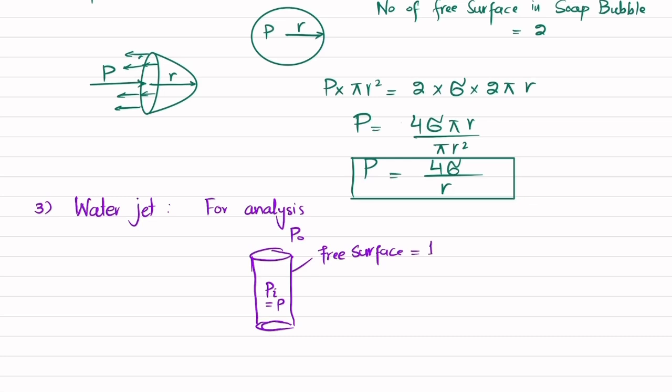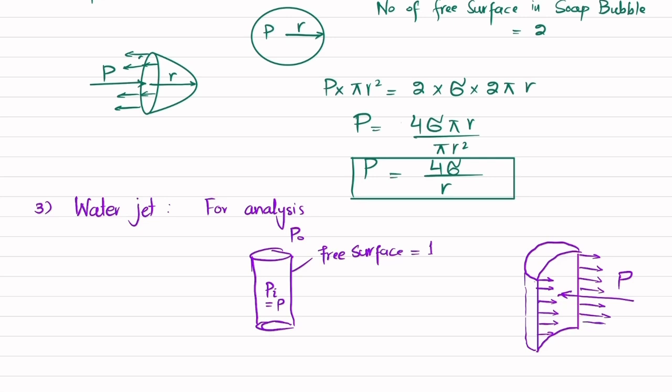Clear? So in this condition, if you take half of this cylindrical shape, it will be like this. Let me draw it first. This is the cylindrical surface. And the pressure acting on the inside is P, and due to surface tension, this will be the sigma, which will cause this to contract.